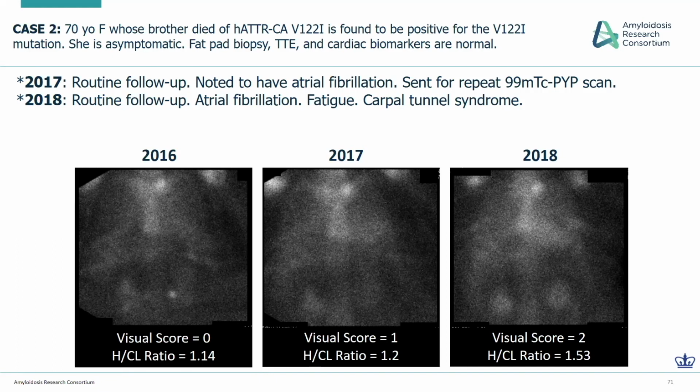And since PYP often becomes positive before the walls thicken and the biomarkers go up, and since the drugs work early, this is potentially an emerging area for PYP scintigraphy: to scan allele carriers to find them as early as possible, institute therapy, and ameliorate the phenotype.